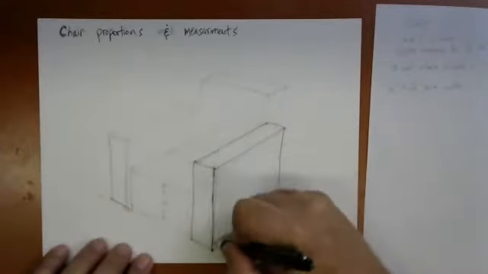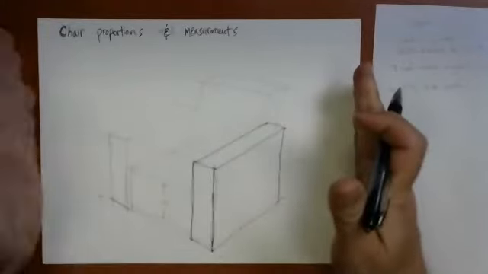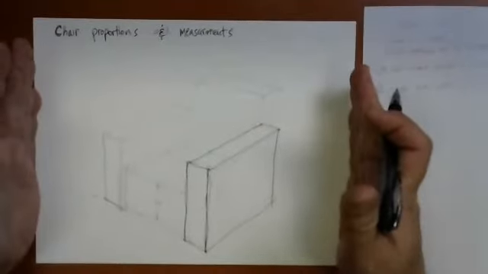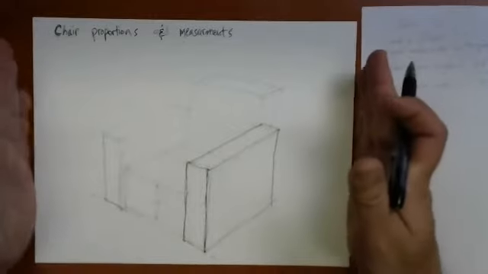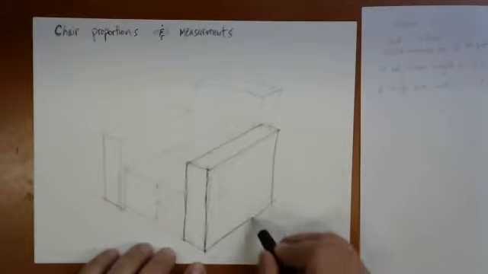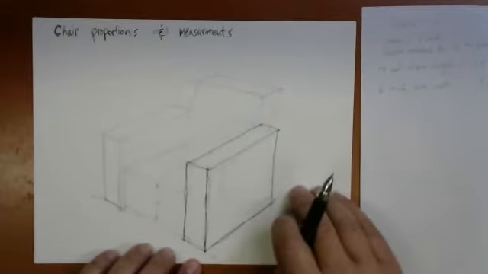My verticals are all vertical. They're all parallel to the side edges of the piece of paper. So all the verticals are parallel to each other, and they're parallel to the paper. All my diagonals are understood to be parallel to the floor because this object is sitting on the floor, but it's running away from me at about a 30-degree angle.